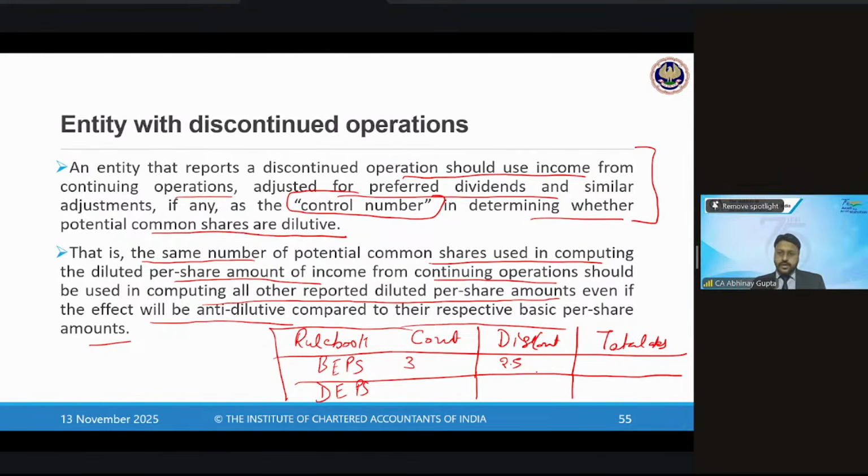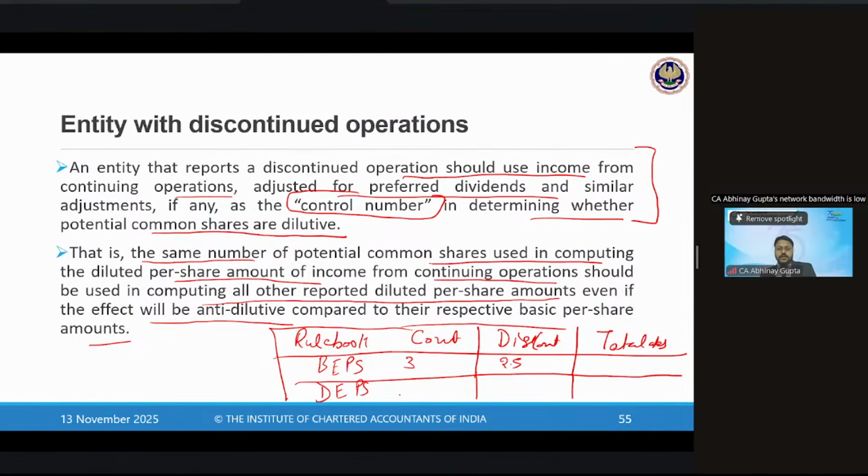Sorry, 2.5 is here; by mistake I wrote it there. So it is dilutive, right? From continuing operations, if it is reducing because my continuing operations are profitable, then I will calculate diluted earning per share for discontinued operations and the total operations in a similar fashion, using the similar base, right?